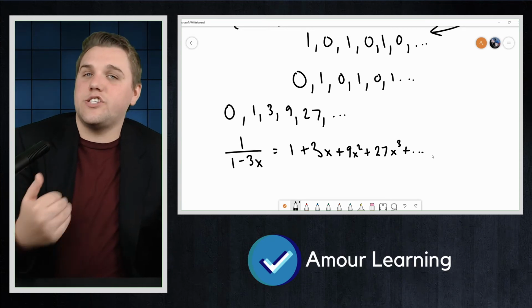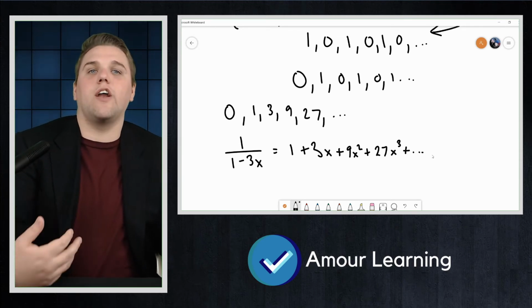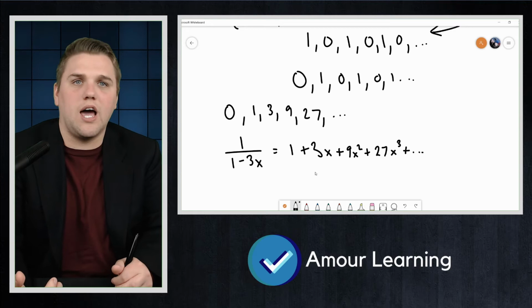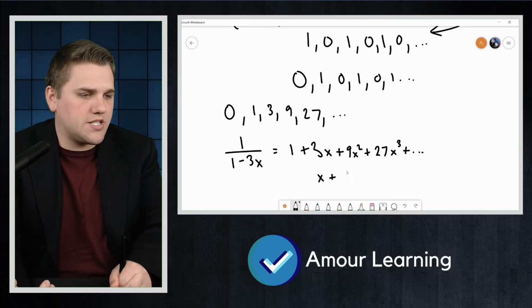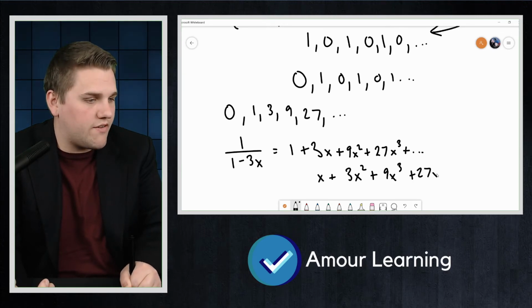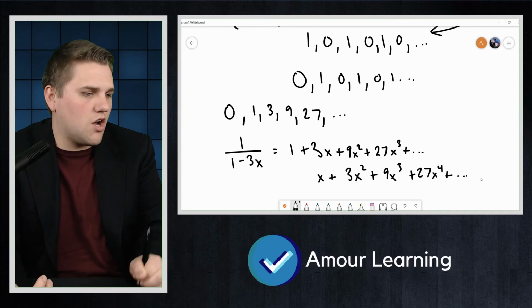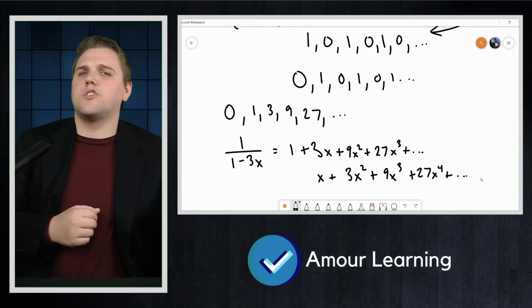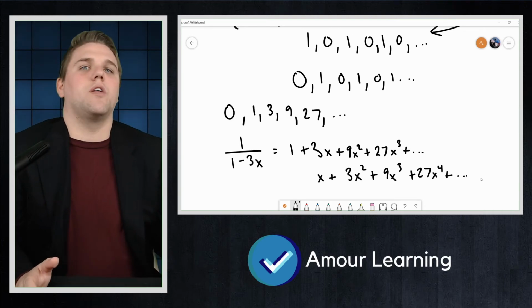To get the 0 out front, we need the generating series to look something like x plus 3x squared plus 9x cubed plus 27x to the 4th and so on. So there is no constant term in this one.